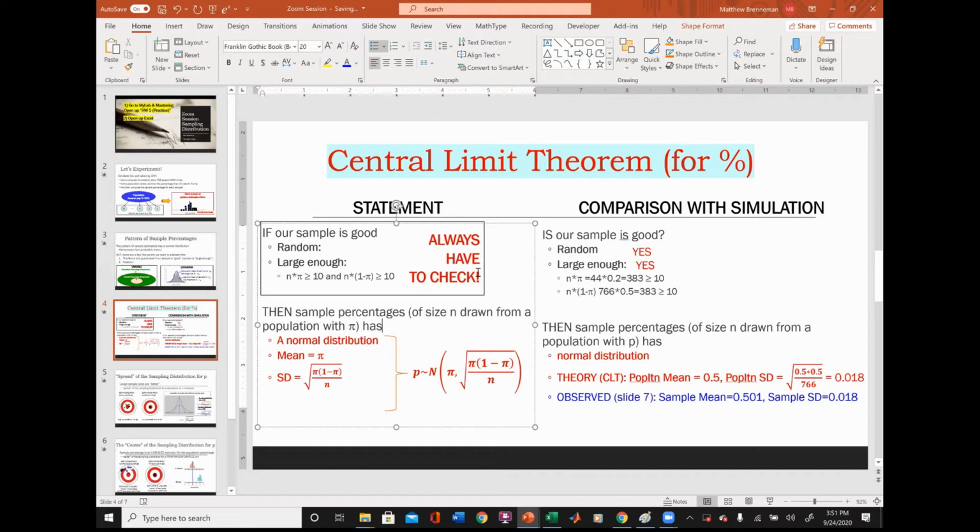If we satisfy these conditions, the sample percentages come from a normal distribution, centered around the population value, which is what we expect, and they have this standard deviation. If this notation seems unfamiliar, you might want to go back and review what we learned when we talked about the normal distribution.